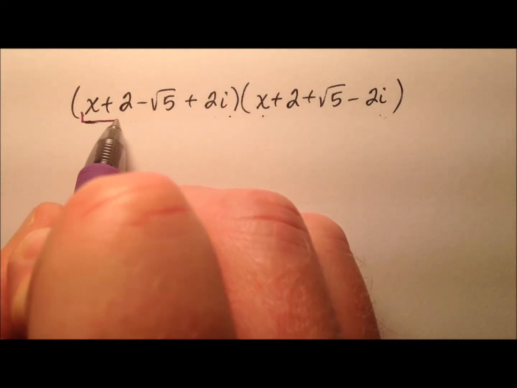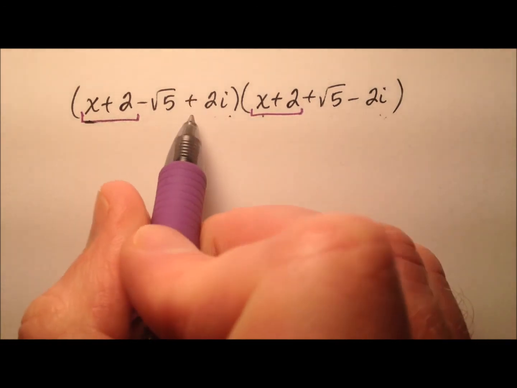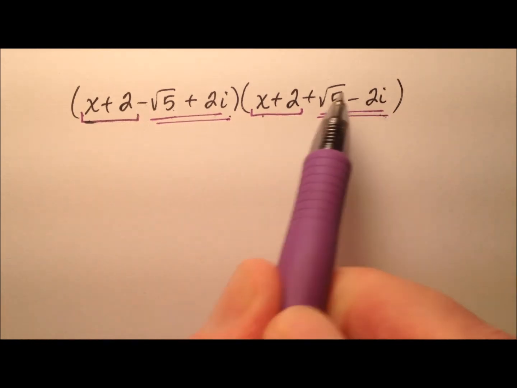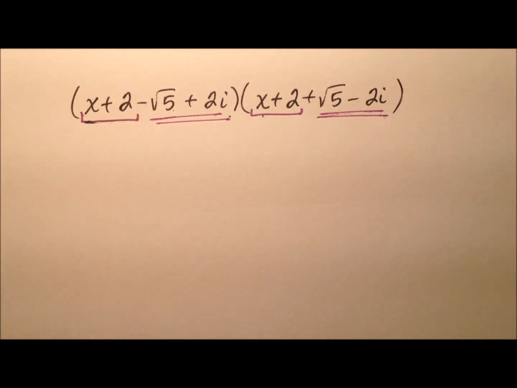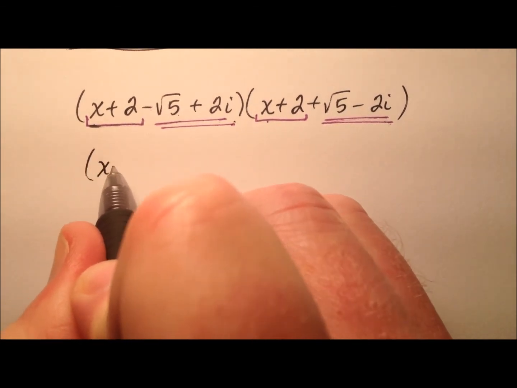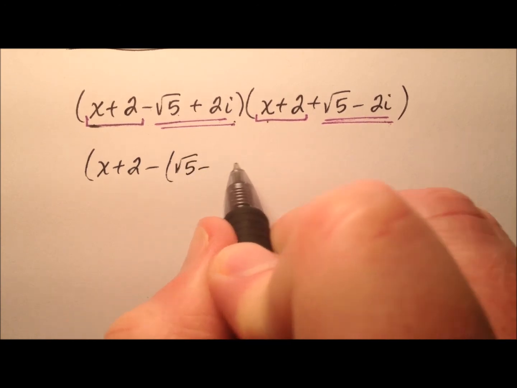So I have my x plus 2 here and here, which are the same. But what I notice here is that these signs are opposite from one another in those two last terms. So I'm going to do a little thing here. I'm going to factor out a negative.